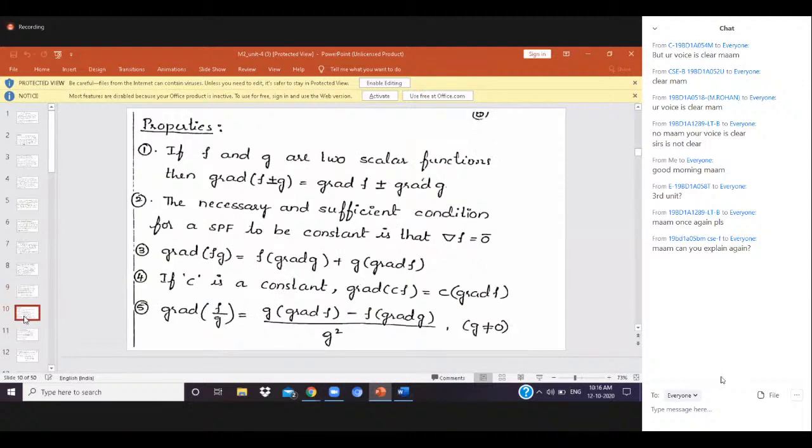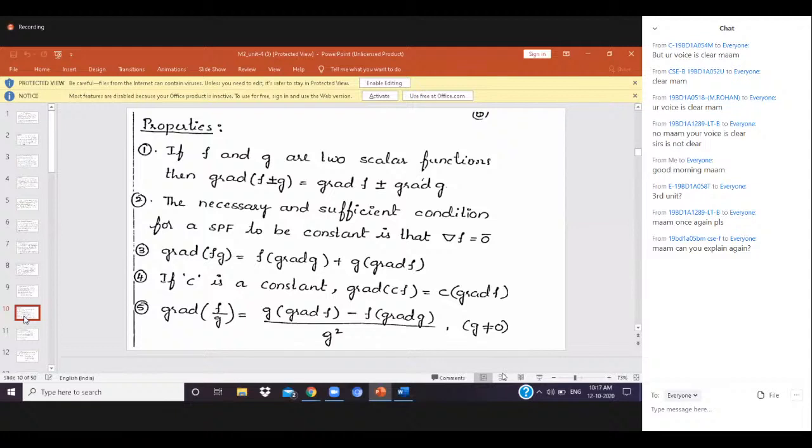Then properties of gradient. Grad of f plus or minus g is equal to gradient of f plus or minus gradient of g. The necessary and sufficient condition for a scalar point function to be constant is that del f is equal to 0 bar. Grad of fg is equal to f grad g plus g grad f.